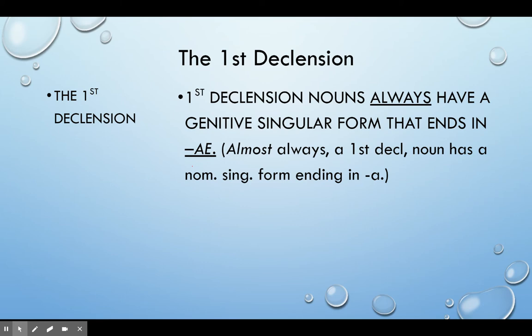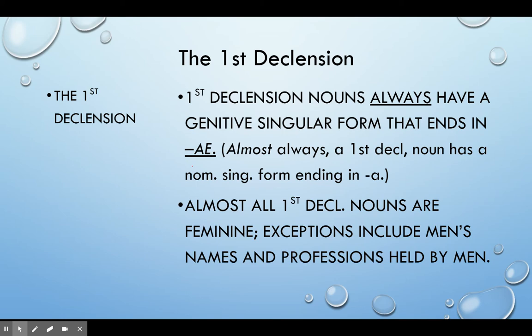All of the nouns that we're meeting in this chapter, from agricola all the way down to Roma and beyond, the nominative singular form ends in the letter A. But that ending A is not the consistent, reliable marker of these nouns' declension. It's the genitive singular form that ends in AE.